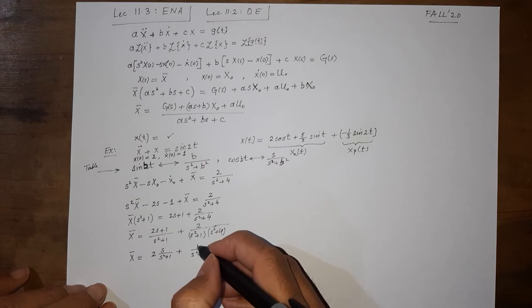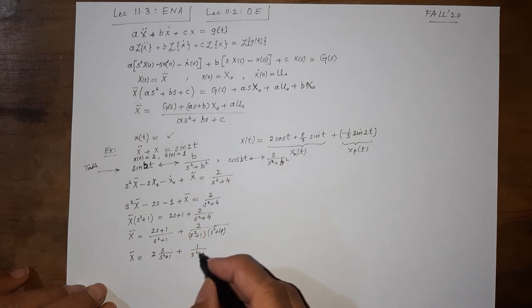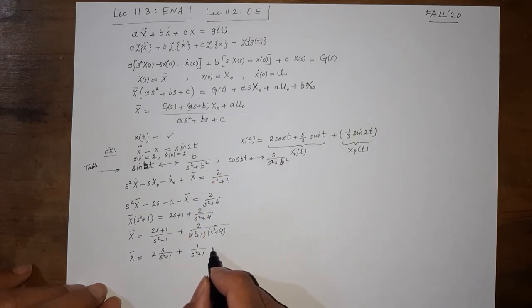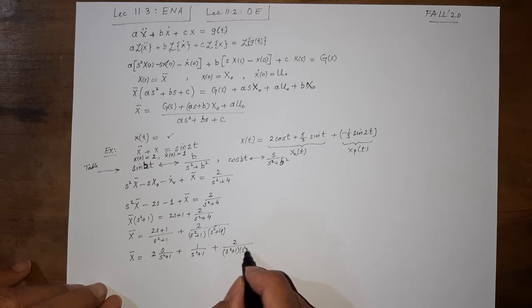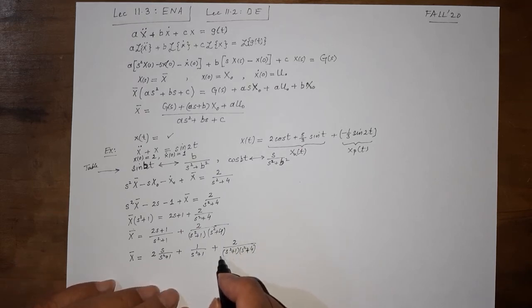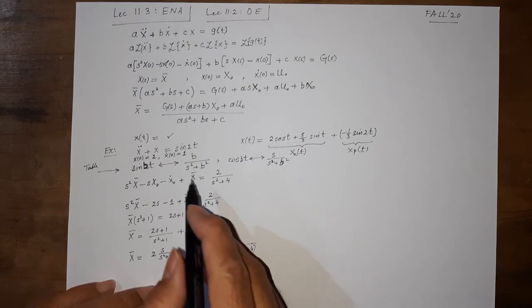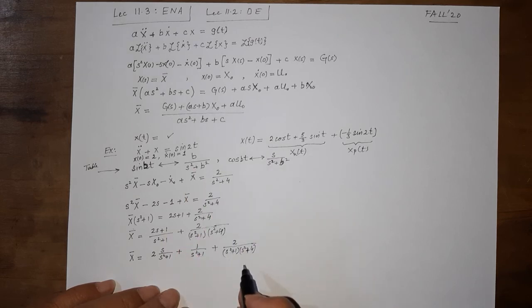You can see we have a constant here, so this is going to be some sine term, plus what about this term? You should have an answer for this, students of the ENA course. How can this term be written such that we can make use of these transform pairs?